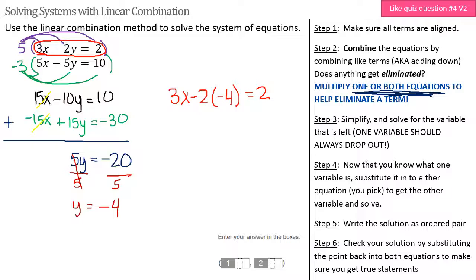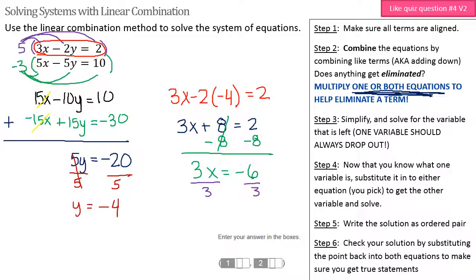So we have 3x plus 8 is equal to 2. Subtract 8 from both sides, and we get 3x is equal to negative 6. Divide both sides by 3, and we get x is equal to negative 2.